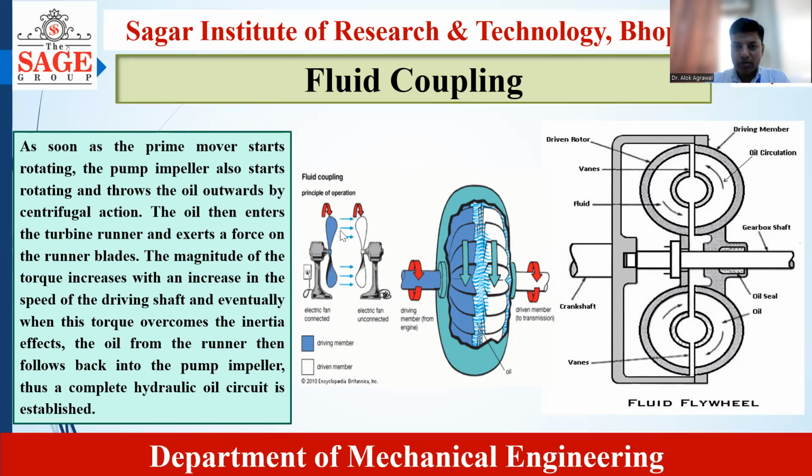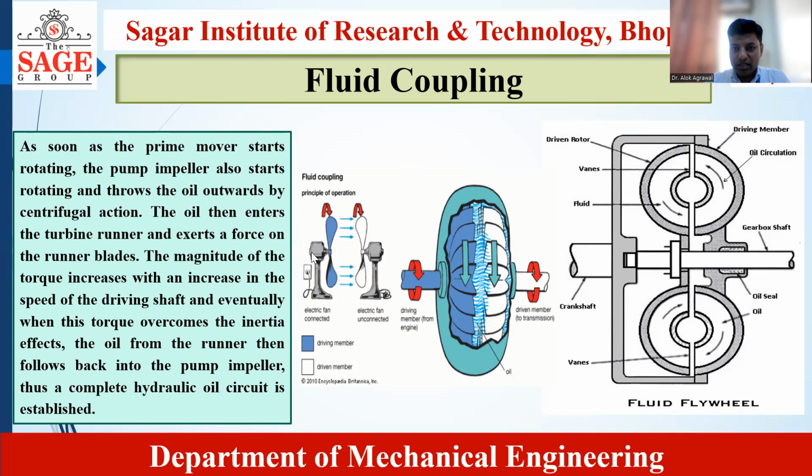This air strikes the blades of the fan which we have not supplied with power. After some time, we will see that this blade also starts rotating. This is how power is transmitted from one shaft to the other with the help of a fluid, that is air.